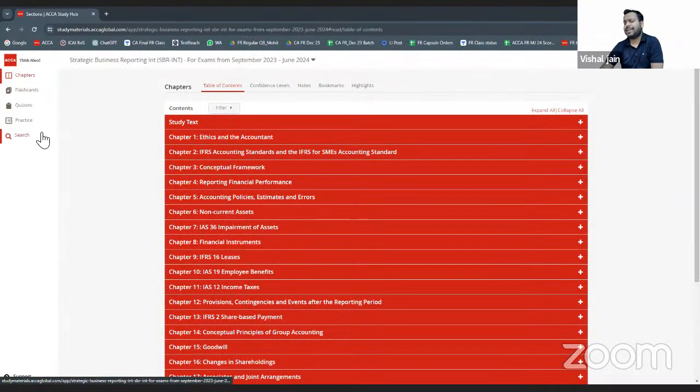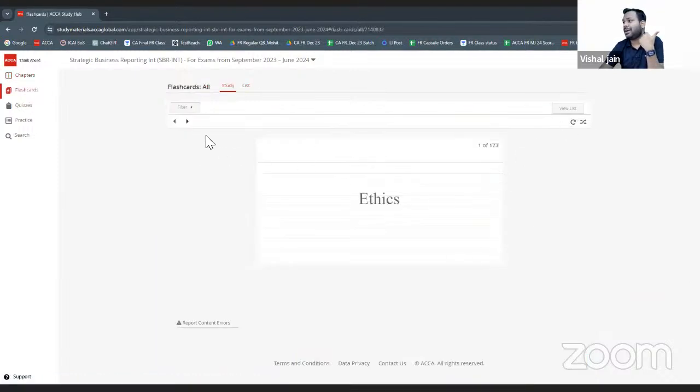Now, your ACCA Study Hub is divided into 4 parts. If you can see your screen, it has chapters, which is nothing but your study text, and flashcards. Flashcards are nothing but, you can say, a dictionary.